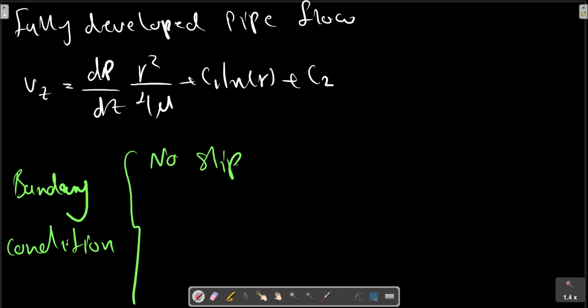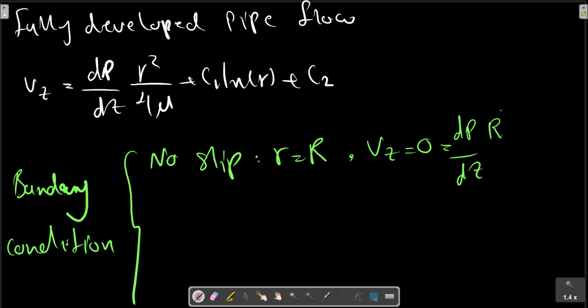For no slip, Vz equals 0 at r equals R, equals dP/dz R²/4μ plus C1 ln R plus C2.